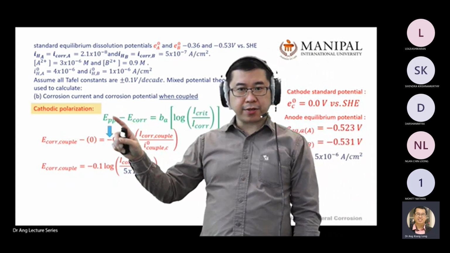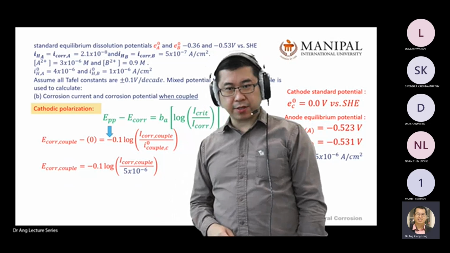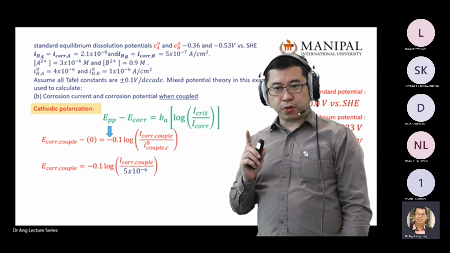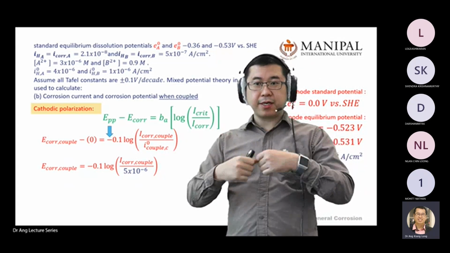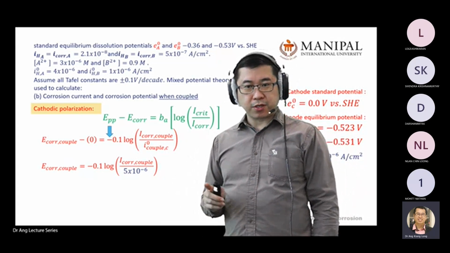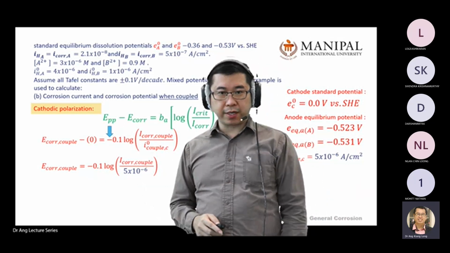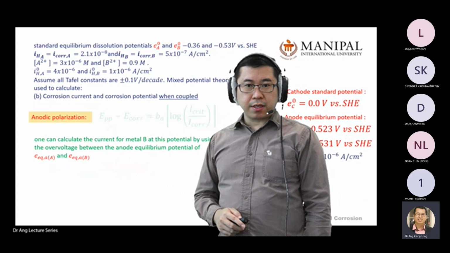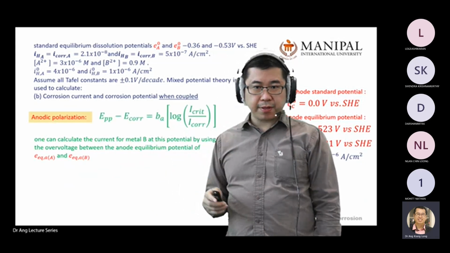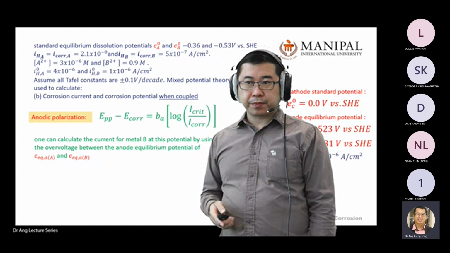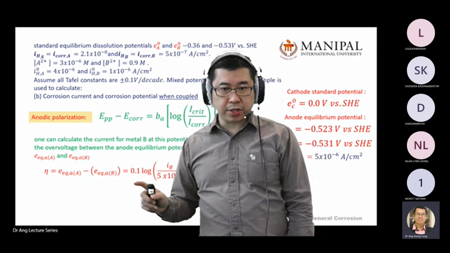Then we look at anode polarization. Something happened when you combine together. The low nobility will corrode itself. So we need to pay attention to anodic polarization. Anodic polarization, same, but now you use this Tafel equation.